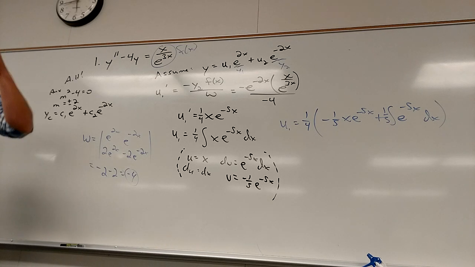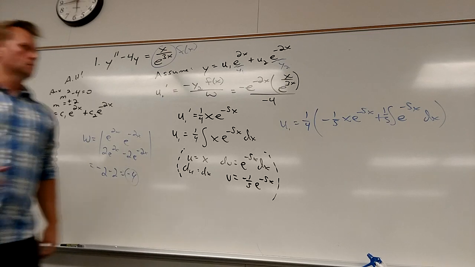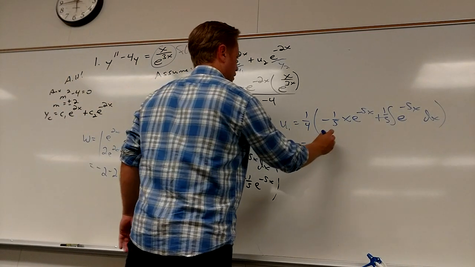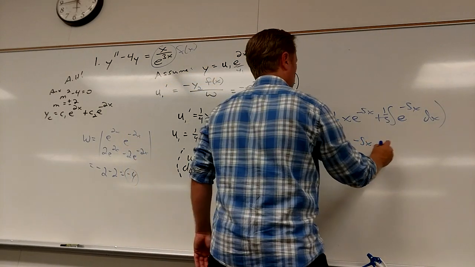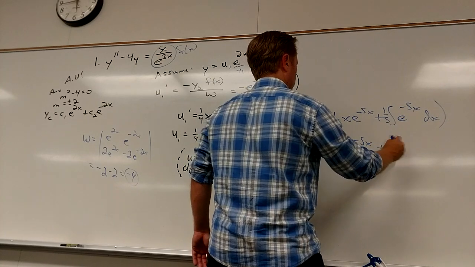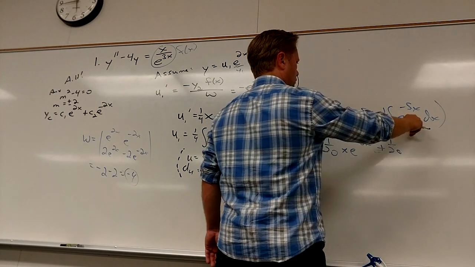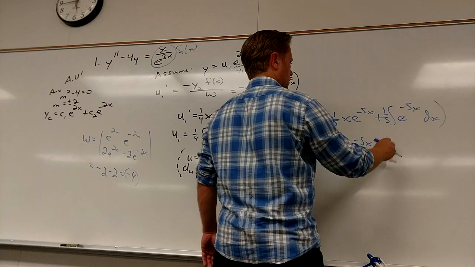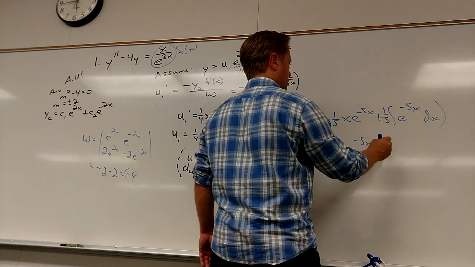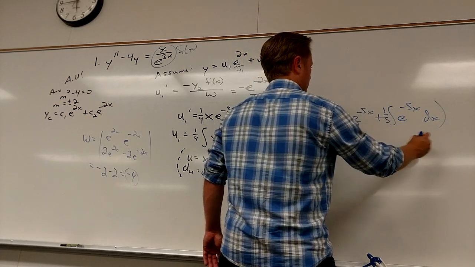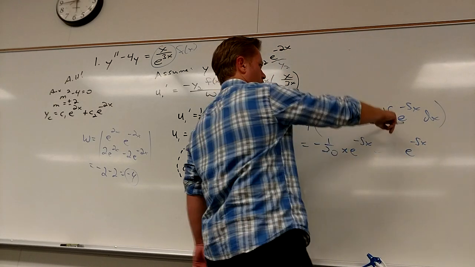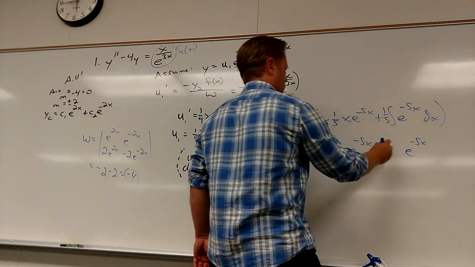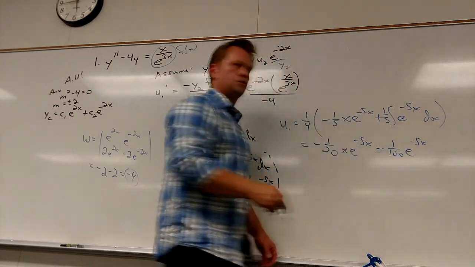Which lives inside a huge DE problem. So this is where it looks a lot like what Travis was talking about. We're going to be plus 1/20, and when you integrate this, what do you get? So we're going to do this all at one time. e to the negative 5x over negative 5, and then times 4, so you get minus 1 over 100, which I believe is what you said. Yeah.